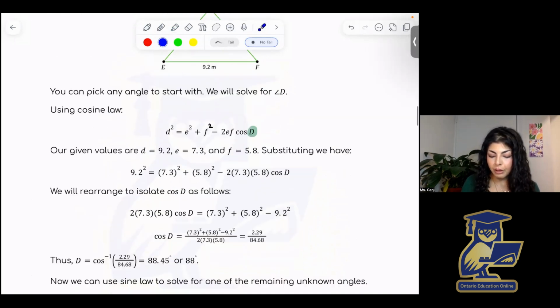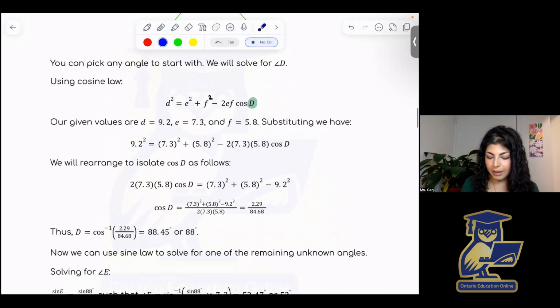And so on the left-hand side, or actually I did the isolation first because I wanted to keep all my exact values. So I moved this term to the left-hand side and it becomes positive. I move the 9.2 squared to the right-hand side and it's now a negative.